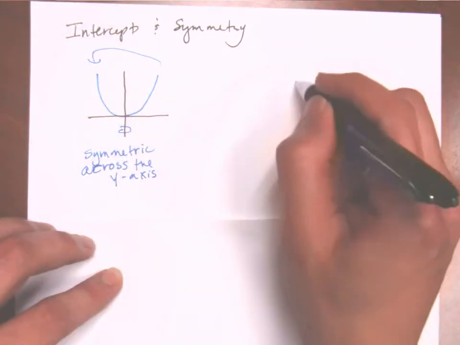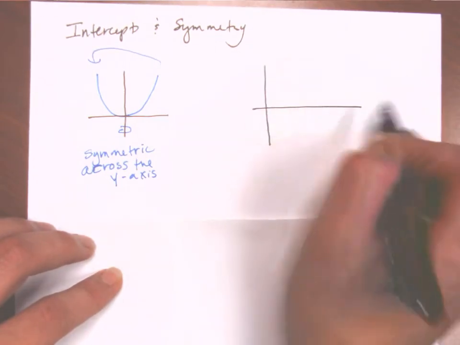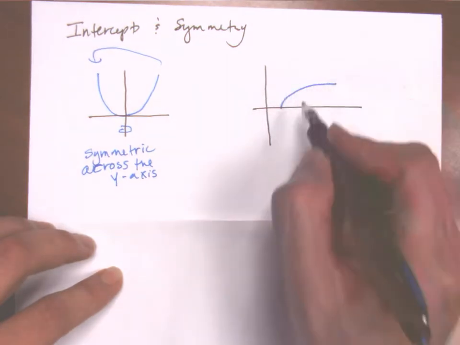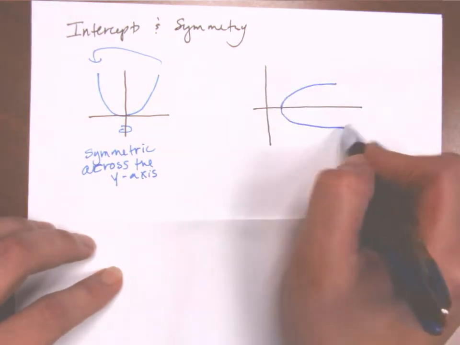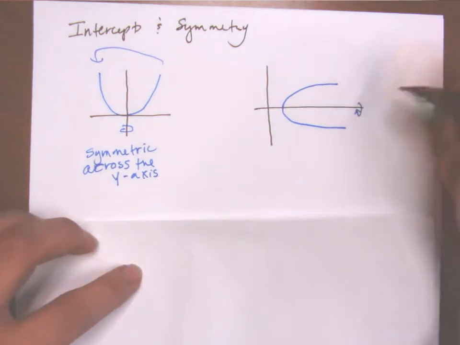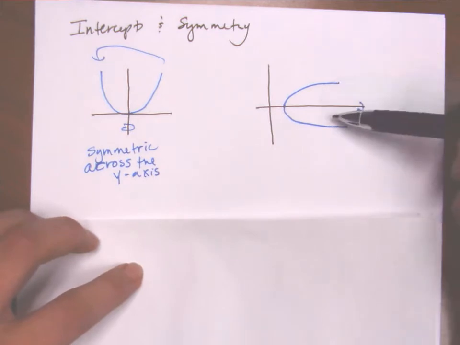There's another type of symmetry. So let's say I have this graph right here. And now if I were to spin this graph around the x-axis, if I would take this and I flip it over, I end up in the exact same place.